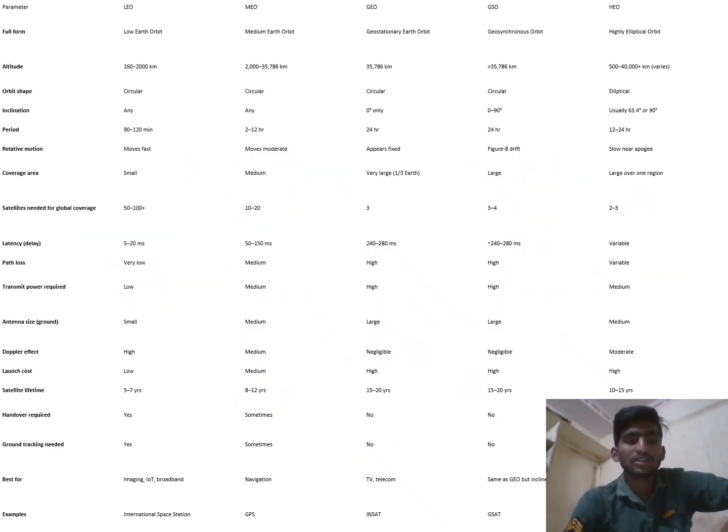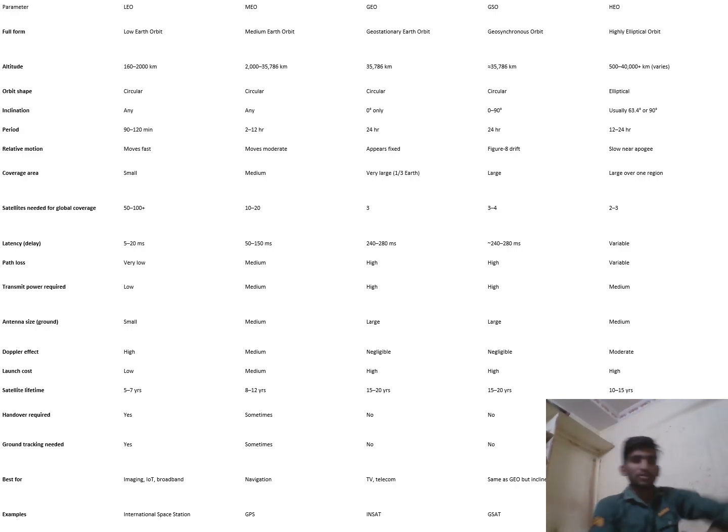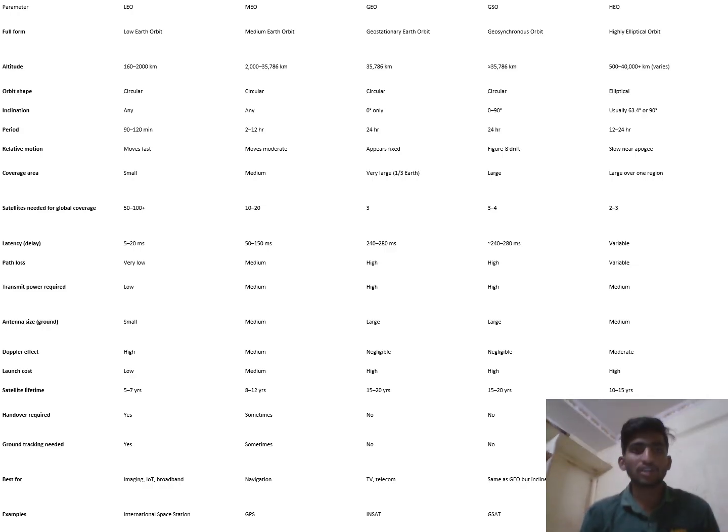Let's see some differences and parameters based on LEO, MEO, HEO and GSO. We already know the full form of each of them. Every orbit is circular except HEO, which is elliptic.